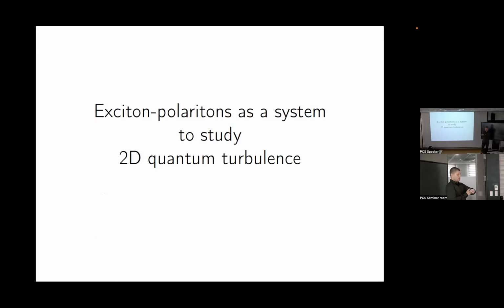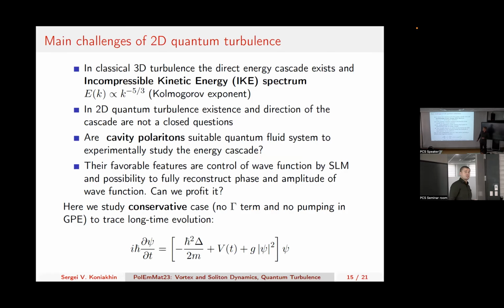And now we go to the second part of the talk, devoted to studies of quantum turbulence and the utilization of exciton-polaritons as a system to study quantum turbulence. The following questions are open for studies of two-dimensional quantum turbulence: whether we have an energy cascade, or this Kolmogorov exponent.